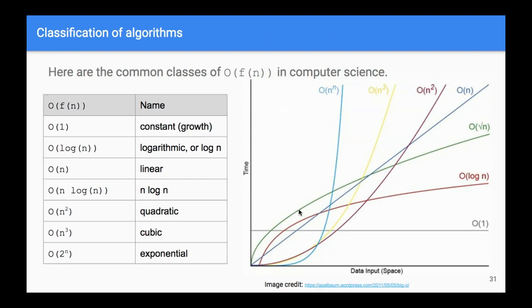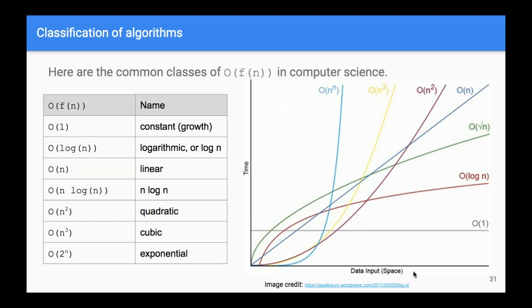So these are some common classes of O of f(n) in computer science, sorted in order of increasing rate of growth. The first one is O of 1. That is a constant growth, and that is this line here.